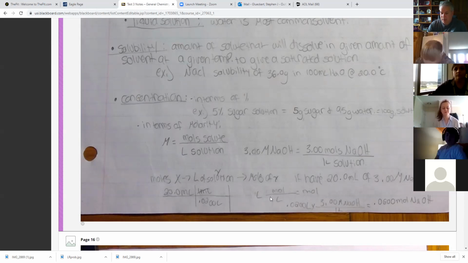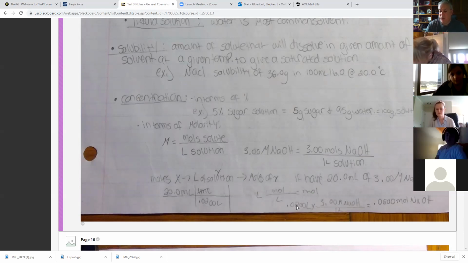Okay. So one of the things that's going to be helpful to you guys is if I tell you you have 20 milliliters, you need to be able to kind of quickly tell me how many liters that is. So what do you want to do? 1, 2, 3. Move your decimal 3 places. 20 milliliters is 0.0200 liters. Okay.